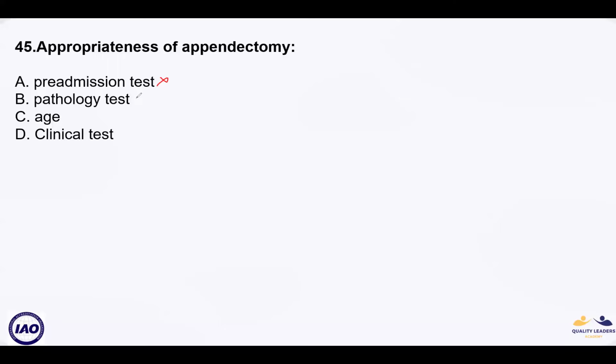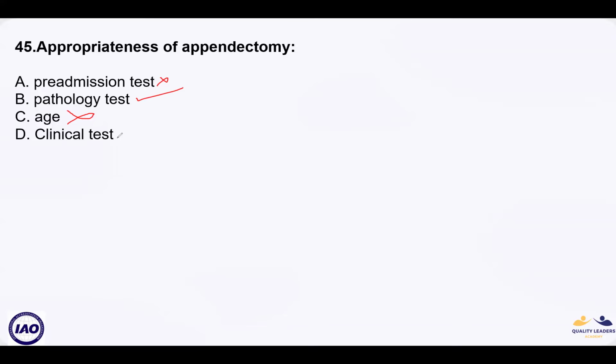Retrospectively, this does help in establishing the appropriateness of appendectomy surgery. Age has nothing to do with the appropriateness. Clinical testing, yes, in a way, before surgery, clinical test does help to evaluate, apart from Alvarado score and other clinical parameters, we can come to a conclusion whether the appendectomy is needed or not.